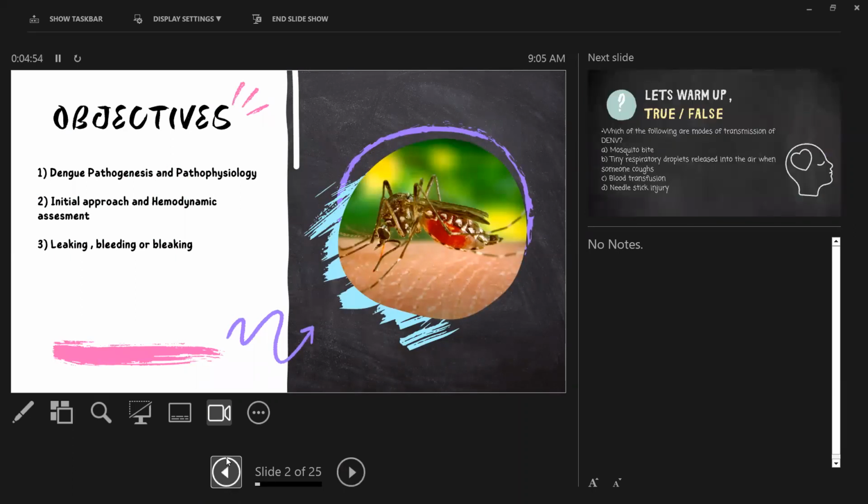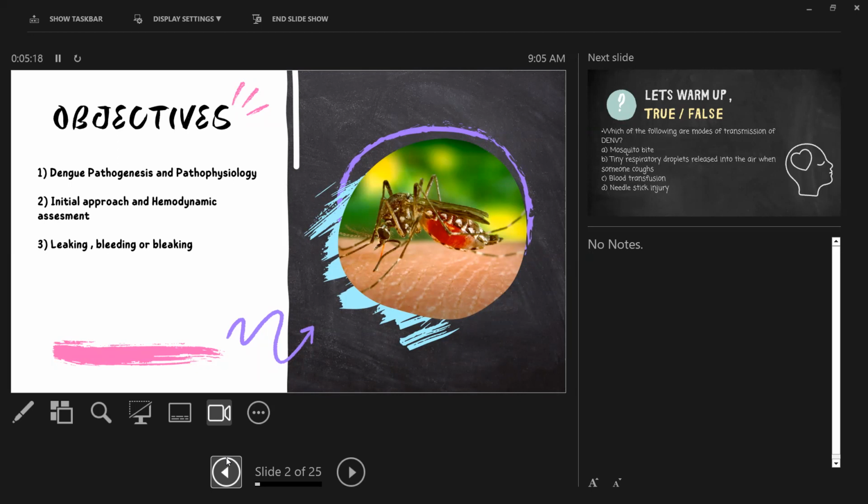So the objective, we will look at the dengue pathogenesis and pathophysiology. Why? We need to know how our enemy works and how to overcome them. This dengue pathogenesis and pathophysiology mainly occurs in severe dengue. We will look at how our body reacts and what the virus does to our body.